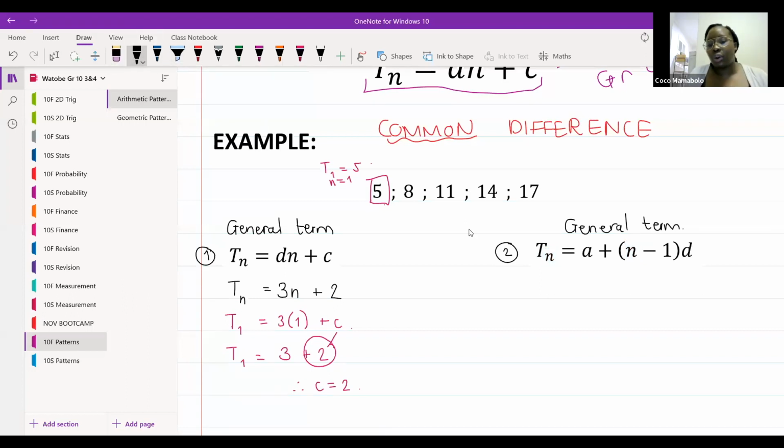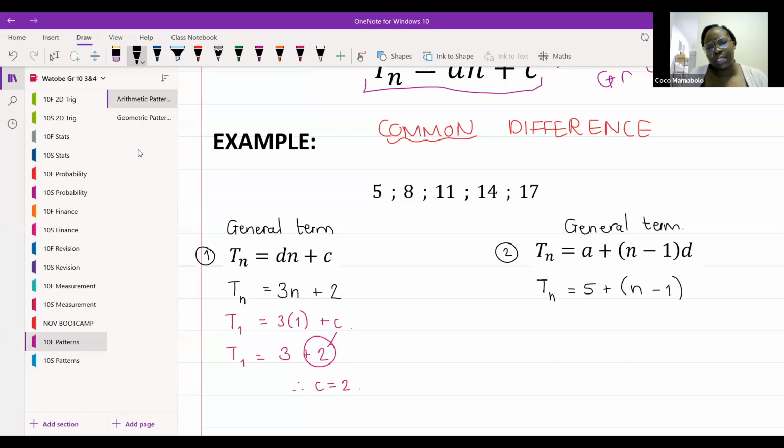Now, we are going to say Tn is equal to a, where a stands for my first term. What is the first term in my sequence, guys? What is T1? T1 is 5, correct. So where a is, I'm going to replace that with 5. I'm going to go 5 plus, open brackets, n minus 1, multiplied by my common difference.